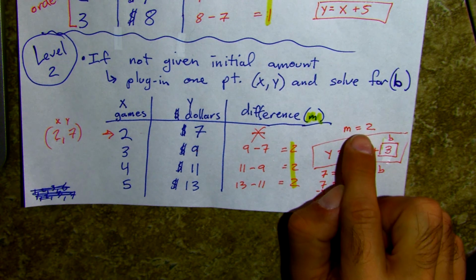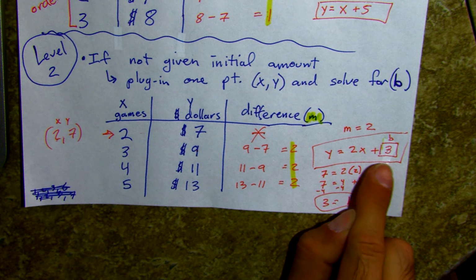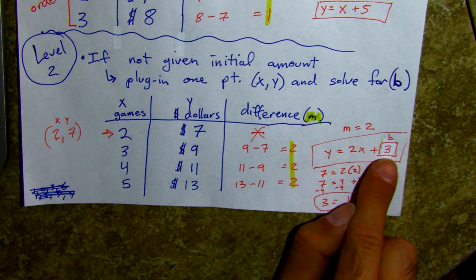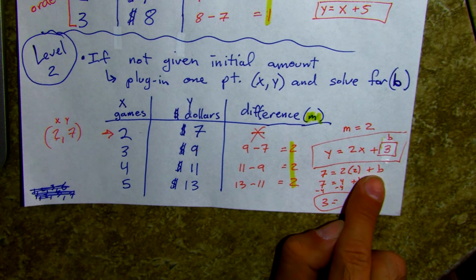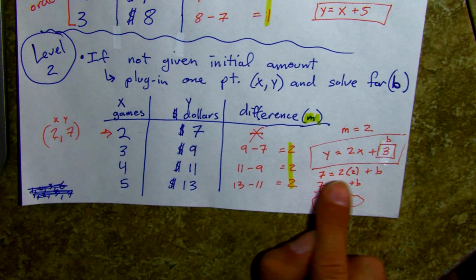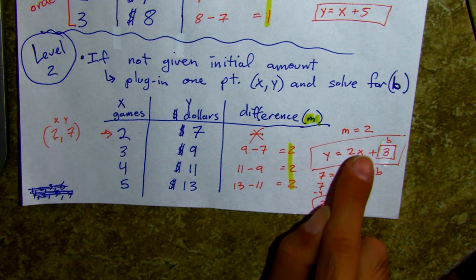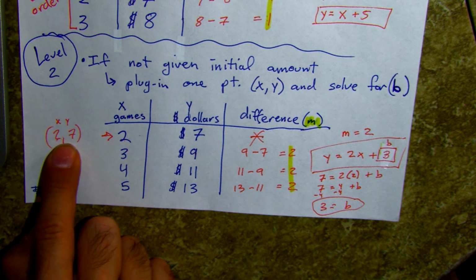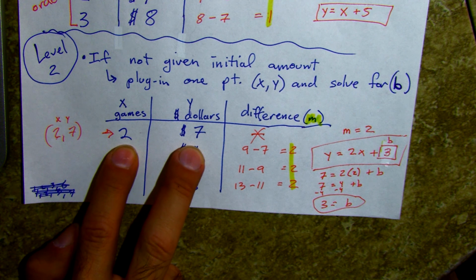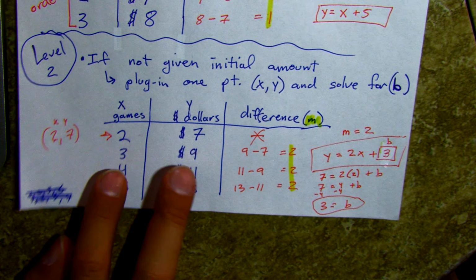X is 2, y is 7, because that is one of my points given in the table. So when I plug in 2 and 7 here for x and y, 2 times 2 is 4. And then I subtract the 4 to isolate my b value, which is 3, and I put 3 right there. And that's all. So the answer is 3.